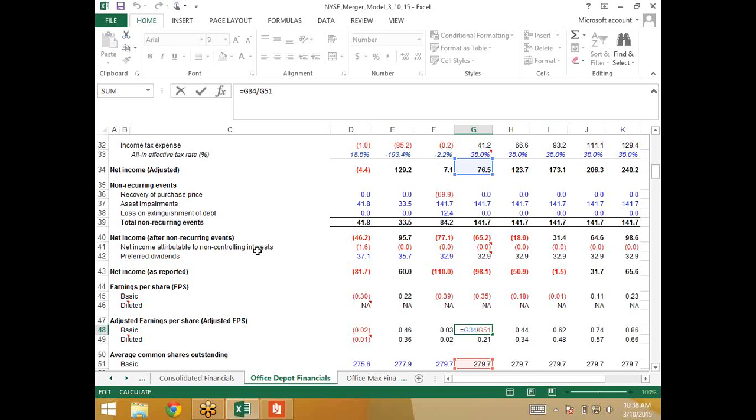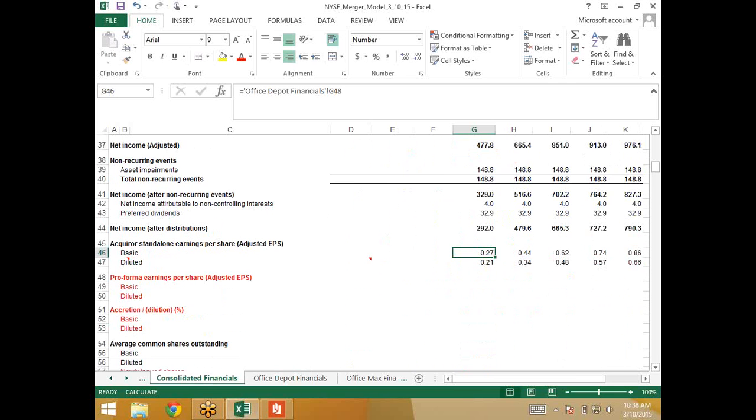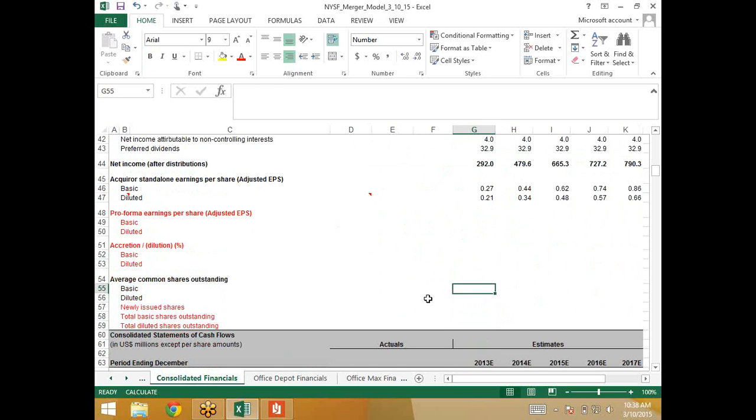So we're going to take the net income adjusted divided by the basic shares outstanding. Before we can calculate that, we need to calculate shares. We're going to do this just how we did the mini merger model in the mini merger Excel model, not the paper model. We're going to take the acquirer's basic and diluted shares, Office Depot.